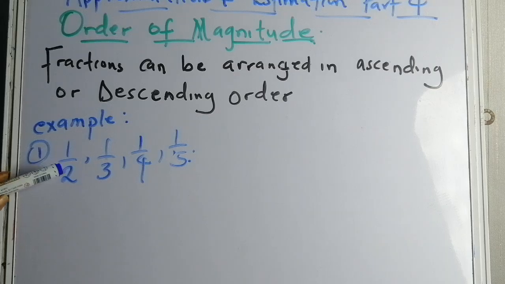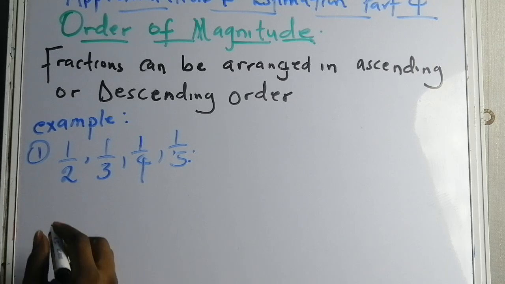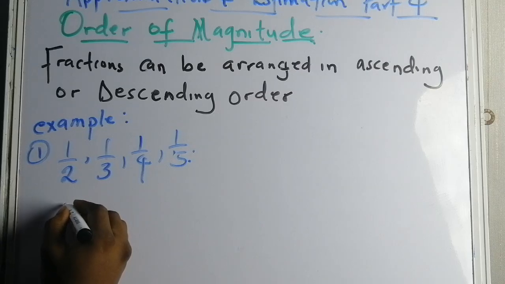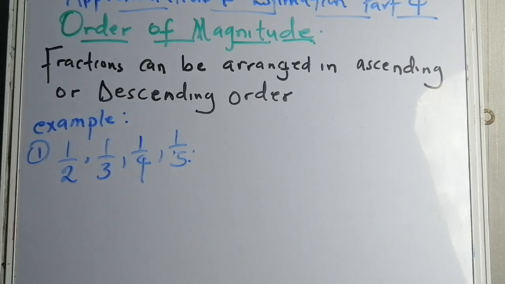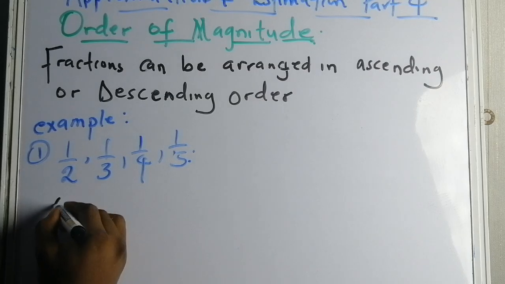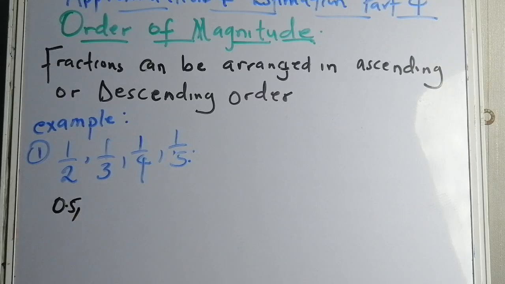So now 1 over 2 is the same thing as what? You can find the LCM to know the ascending order. But most times what I normally do is just to quickly find the decimal places. That will tell me the ascending order. This is the same thing as 0.5. This is simple. We don't need to waste much time on the order of magnitude.